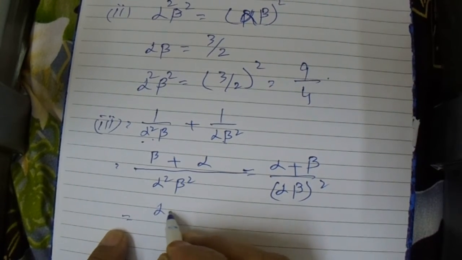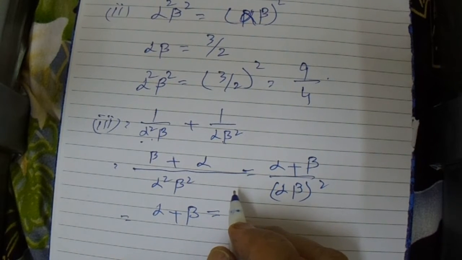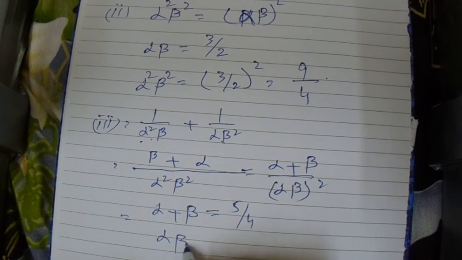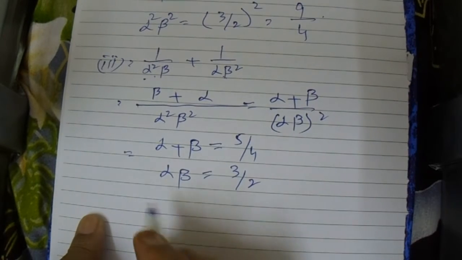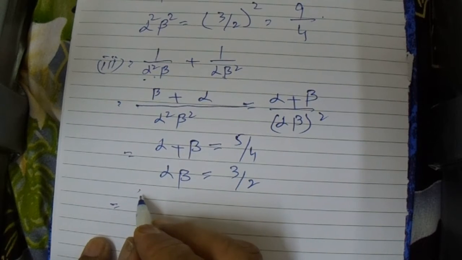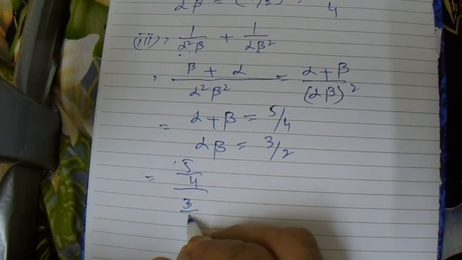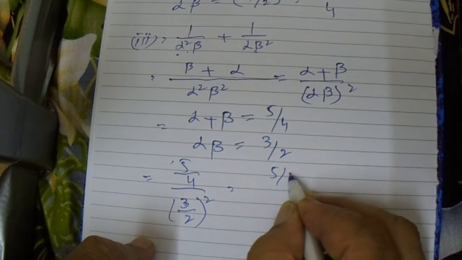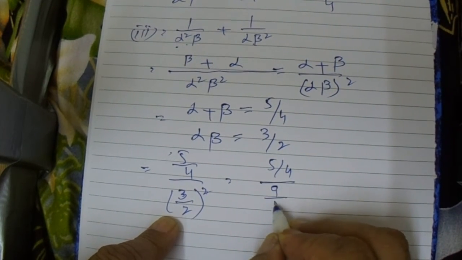Now we put the values here. We know that alpha plus beta is equal to 5 by 4, and alpha into beta is equal to 3 by 2, which we found in the first part. So we have 5 by 4 over 3 by 2 whole square. We square this: 3 threes are 9 and 2 twos are 4.